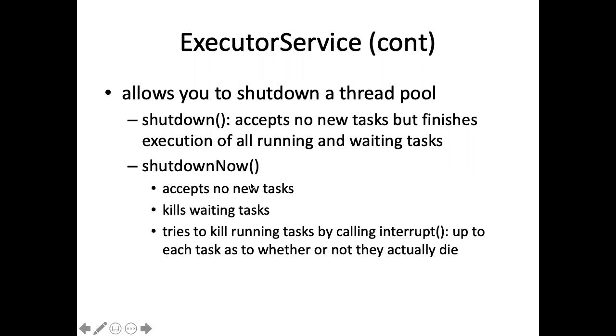So shutdown now accepts no new tasks, kills waiting tasks, and tries to kill running tasks by calling their interrupt method, but the task doesn't have to abide by the interrupt. It can ignore it. So shutdown now is a best effort to shut down the thread pool as quickly as possible.